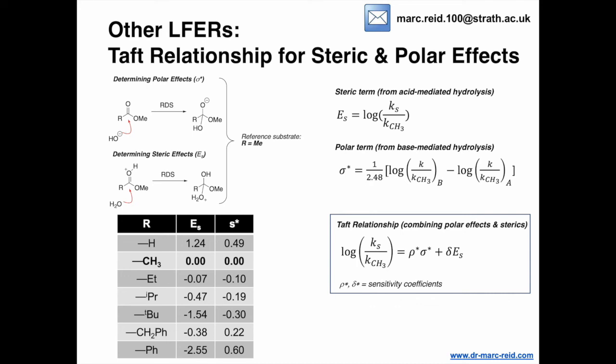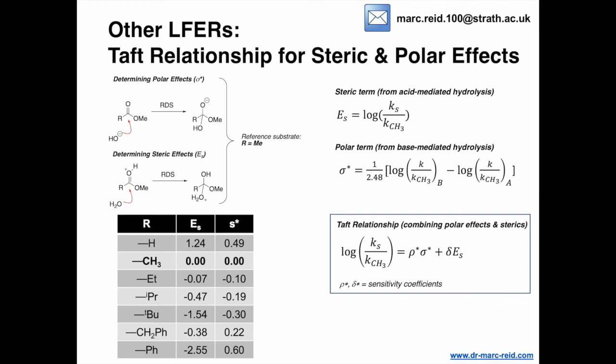Because the ester and protonated ester differed in structure by a single proton, Taft used the acid-mediated hydrolysis to estimate the steric impact of the R group, assuming lower influence of polarity in acidic medium than for basic medium.